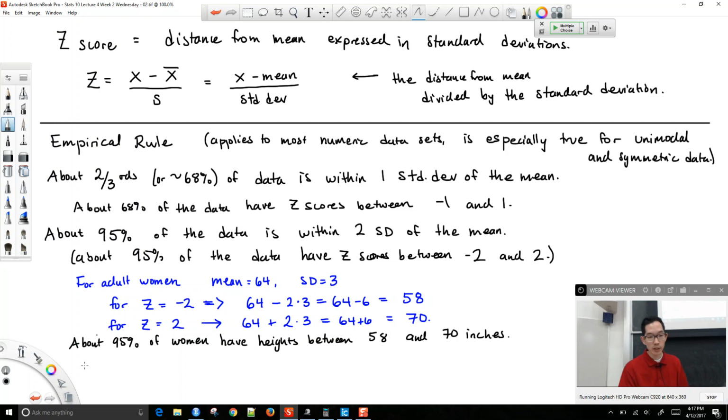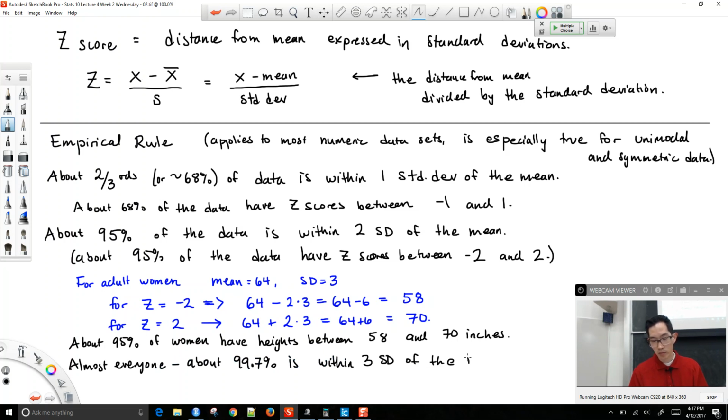Okay, so the last part of the empirical rule is almost everyone: about 99.7% is within 3 standard deviations of the mean. Or we'd say about 99.7% have z between -3 and 3.